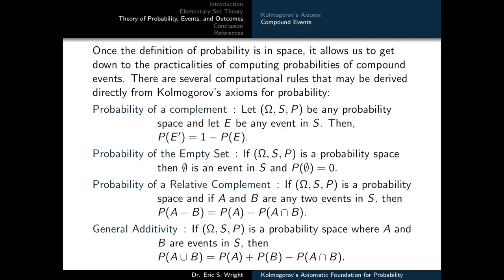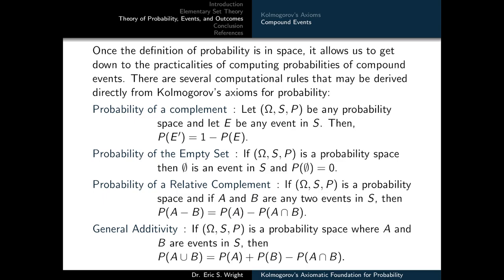Now, it's probably not going to be immediately obvious why any of these 4 computational rules are true. The fact remains, though, that they are true, and you can prove them. You can prove their truth, much in the same way that you would have proved any of Euclid's propositions using logic and Euclid's axioms of geometry as starting points.